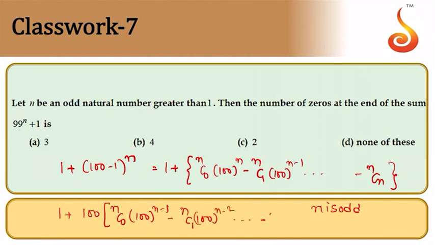So if I take 100 out from this one, because n is odd, we can write this as 1 plus 100 times, within the bracket, nC0 100 to the power n minus 1 minus nC1 100 to the power n minus 2 and so on minus nC(n minus 2) 100 plus nC(n minus 1), this will come here. So this is minus 1 and plus 1 will cancel.